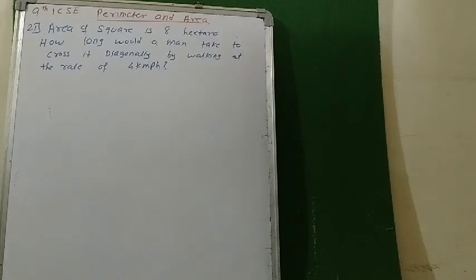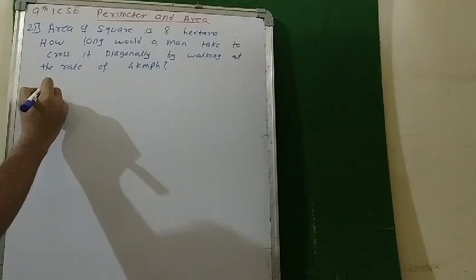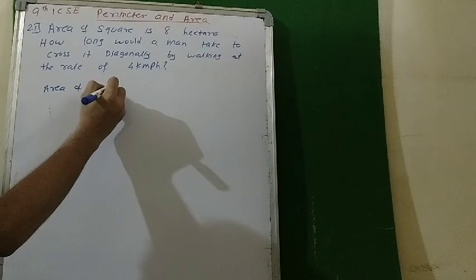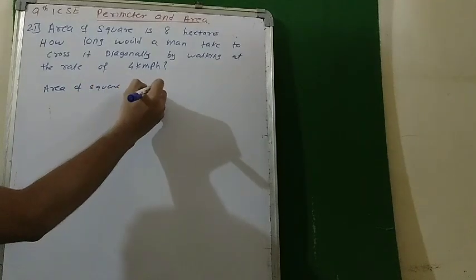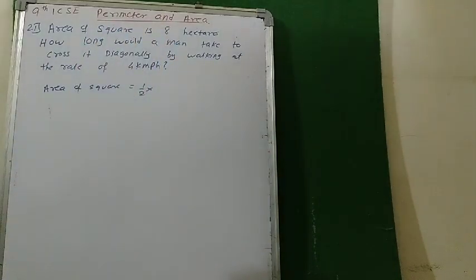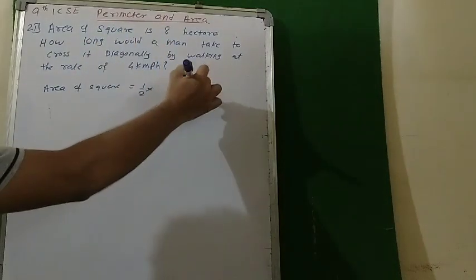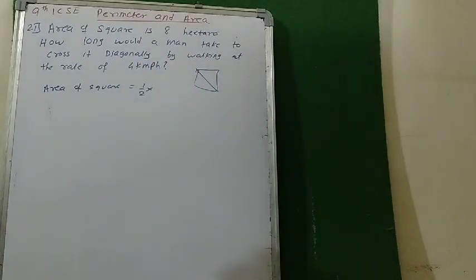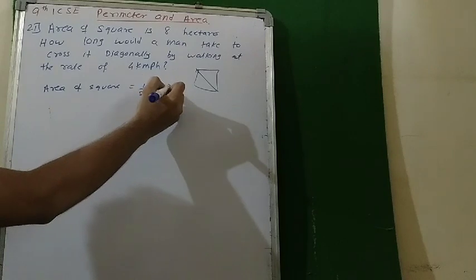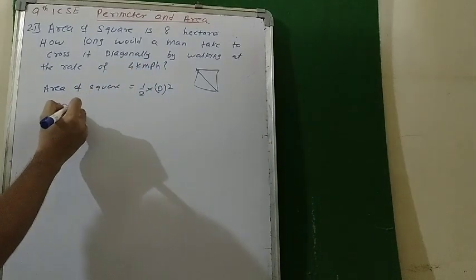Okay, in the next question, the area of the square is 8 hectares. First of all, 1 hectare is 10,000 square meters, so 8 hectares is 80,000. Area of a square is side into side, but they have asked how long a man will take to cross it diagonally. So area of the square is equal to half into diagonal square, where area is 80,000.